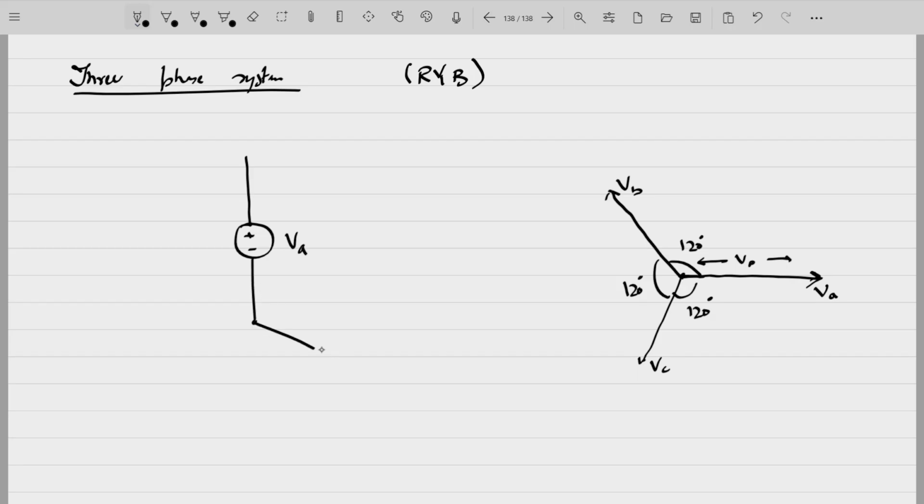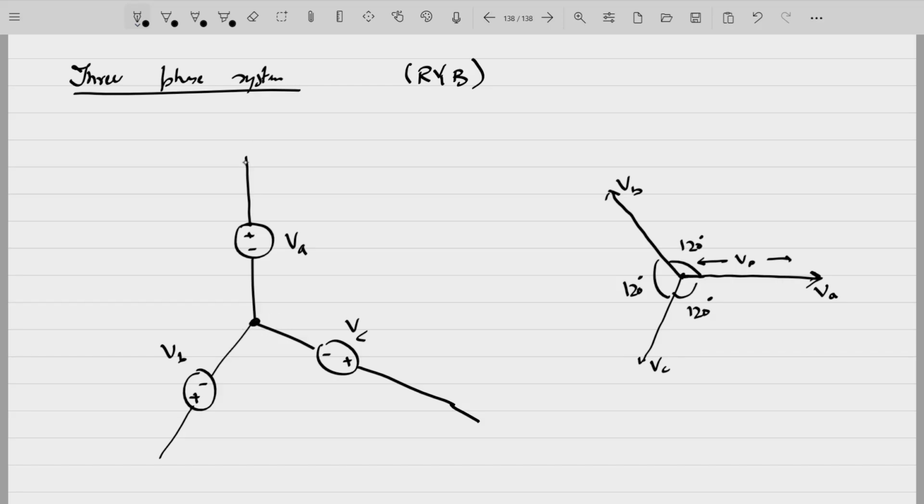VA, VB, VC. Okay? This is just a simple wire diagram. There is no phase difference here, although they still seem to look 120 degrees apart. These are simply three wires with three different voltage sources, and they are connected to one single point.